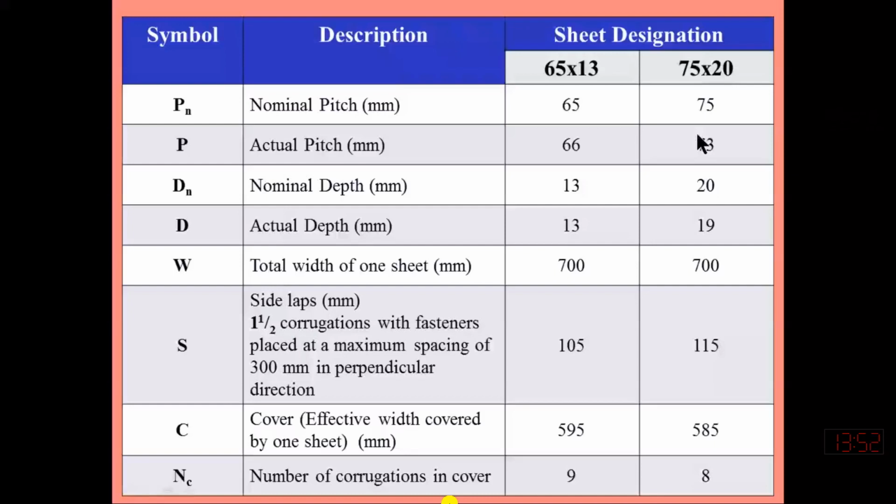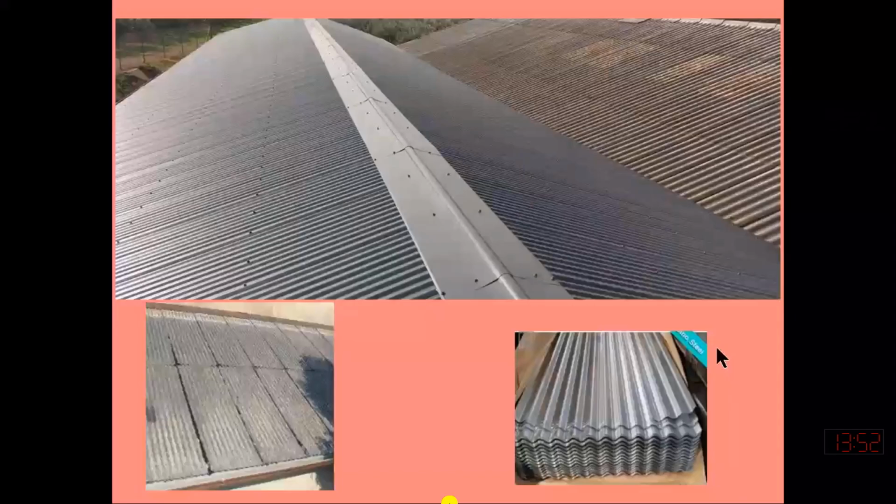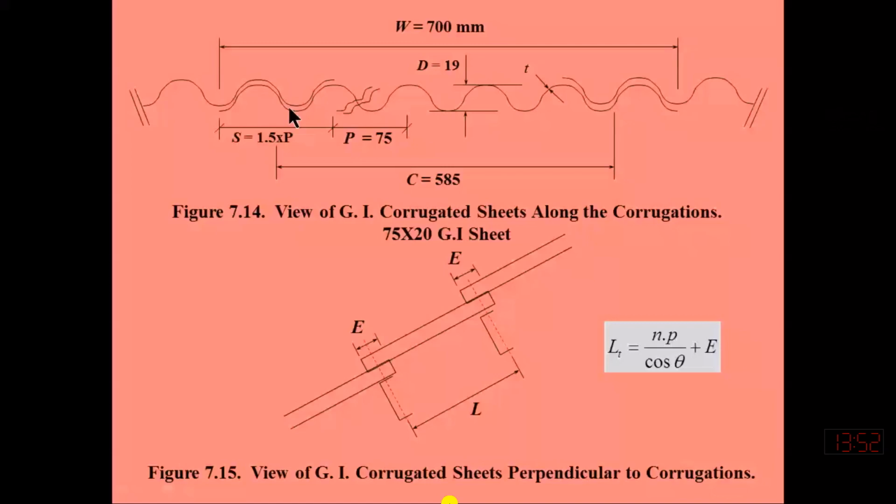So what is this side cover? Now I will show you again. When we are placing the sheets, there is some overlap that we provide at this side. Here at the bottom, you can see we have one sheet, and another sheet we provide on top on the other side. So we need to provide the corrugation as 1.5.